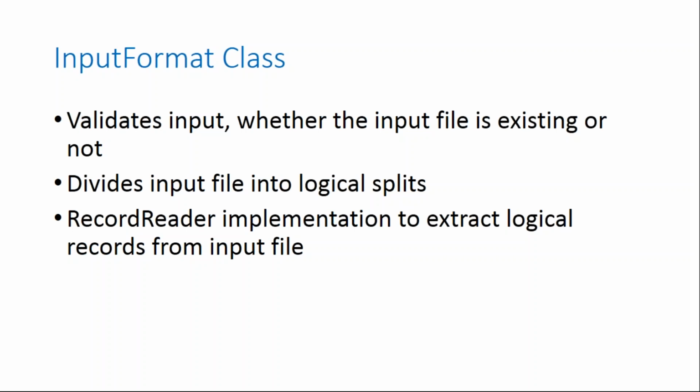That's the first thing. And then it is responsible for turning that file into input splits. And there is an implementation of record reader which is going to extract the records, and in our case it's the text out of that file. And then we're going to perform operations on that. Records, in our case, are text.